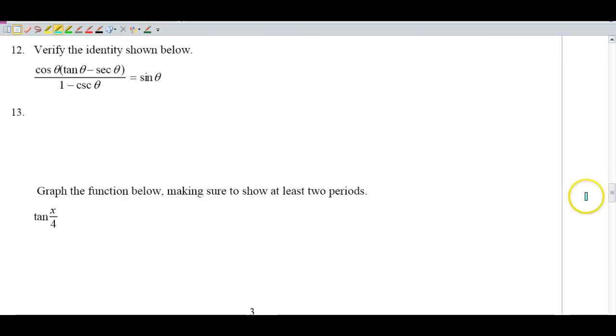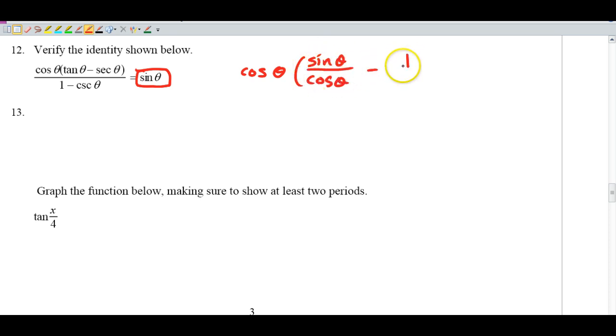Problem number 12, it says verify the identity. Then it looks like I'm going to change everything to sine and cosine, to try to get my sine value here on the right. So I have cosine of theta, that's already in terms of cosine, times sine theta over cosine theta, minus 1 over cosine theta, in parentheses, and this is all over 1 minus 1 over sine theta.